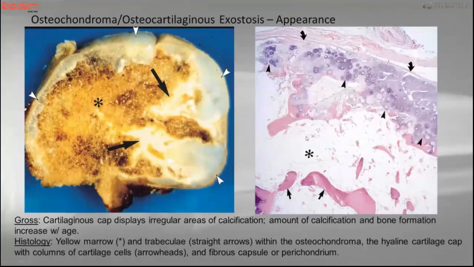The trabeculae are the straight arrows. You can see these are the trabeculae, and this grayish bluish area is the cartilage cap. So you can see the whole, and the upper part is the fibrous capsule or the perichondrium. So histologically, this is a typical appearance of osteochondroma.